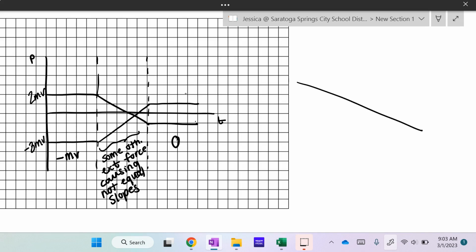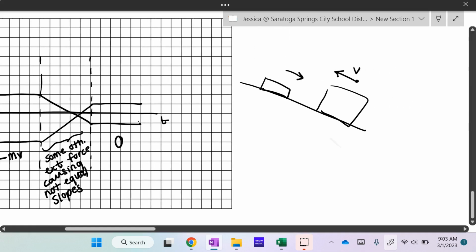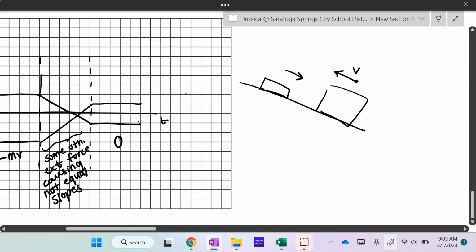So this might be an example where maybe our collision took place on an incline. So, maybe we had a heavier object moving uphill and then a lighter object moving downhill, and they collided in such a way that just after the collision, they're at rest, right?